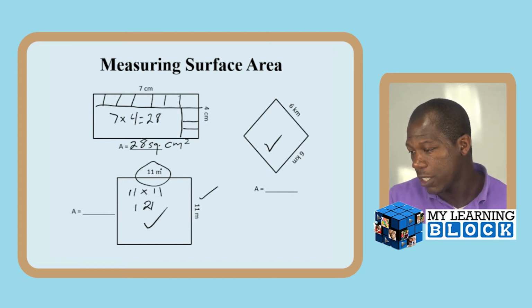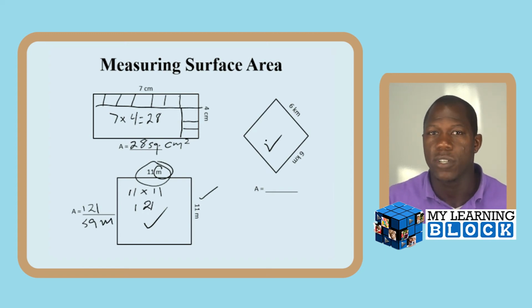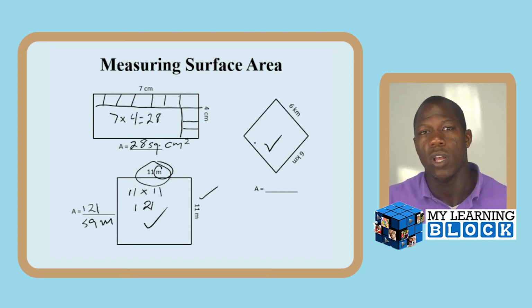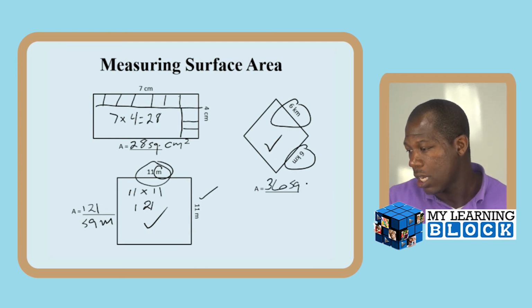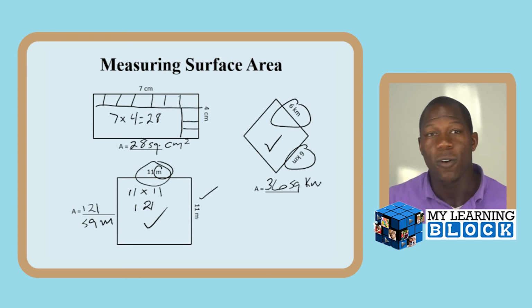And then make sure you don't forget your units. 121 square meters. And then a rhombus, like I said, the sides are the exact same. Angles are not, but the sides are the exact same. 6 times 6 gives me 36 square kilometers. All right, so that is finding surface area.